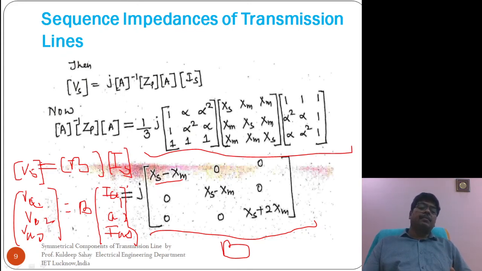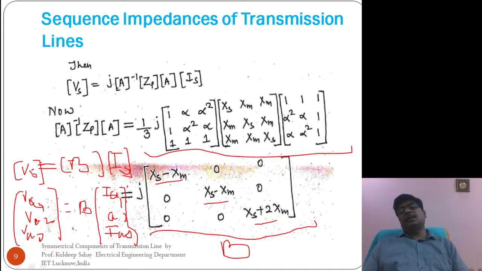Similarly, negative sequence voltage is equal to the product of negative sequence impedance and negative sequence current. And zero sequence voltage is simply the product of zero sequence impedance and zero sequence current. So each sequence voltage is simply represented by its sequence impedance and its sequence current.